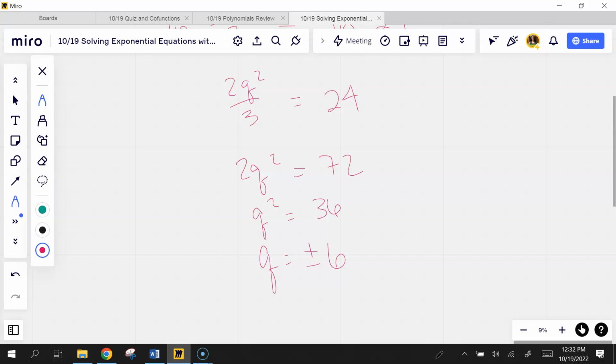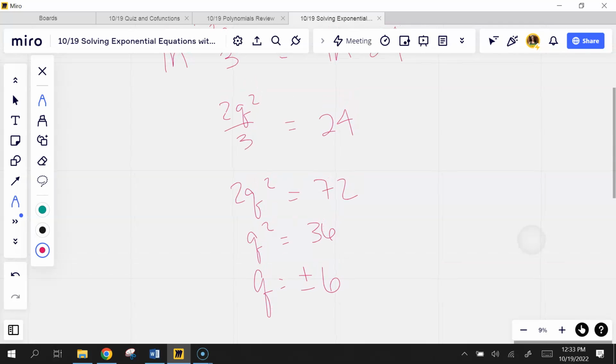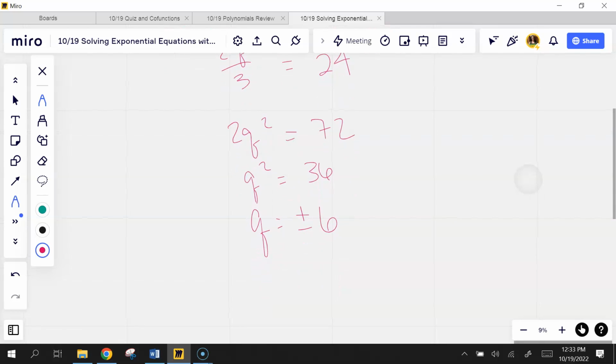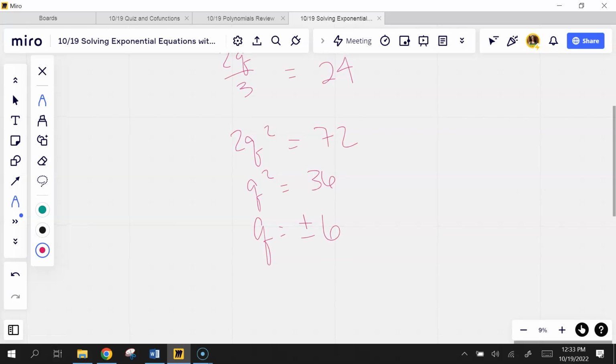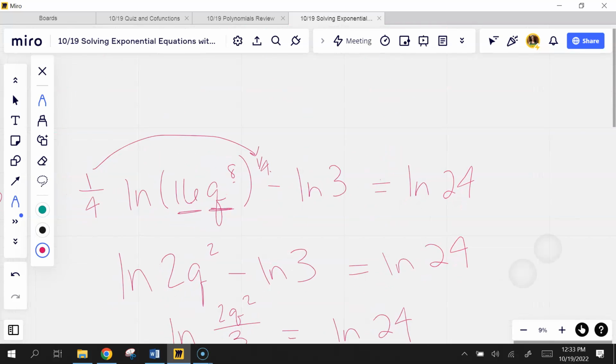Oh. It depends on where your Q is. No, I think both of these are going to be real solutions. Both of them were. So look back at your original equation, right?